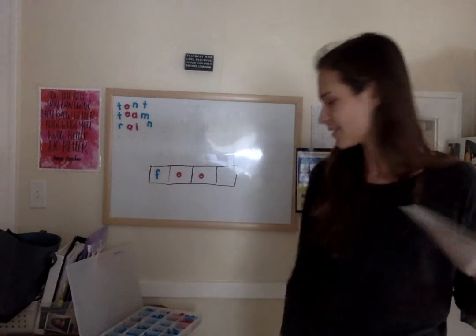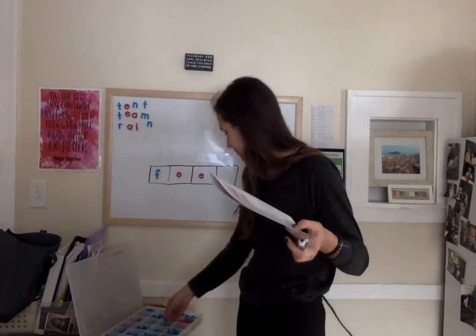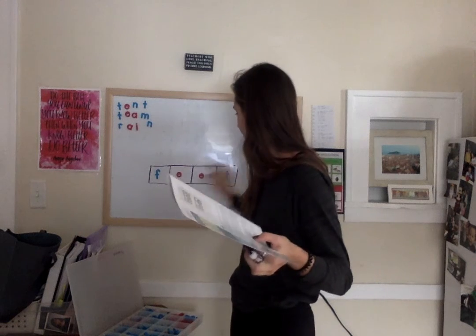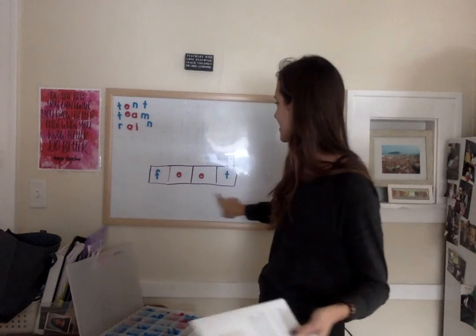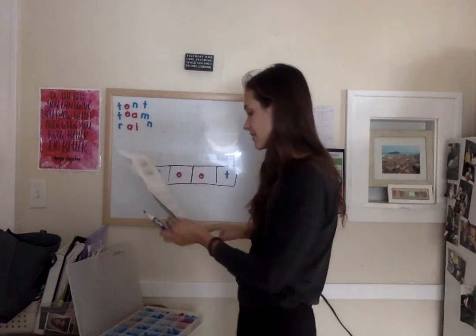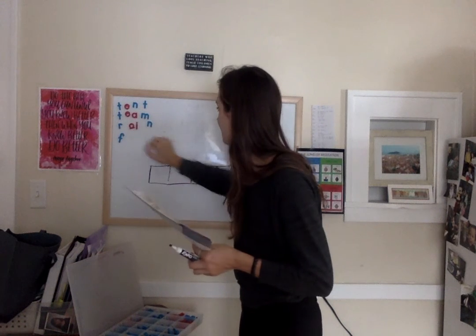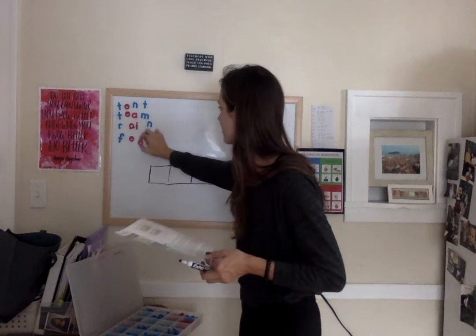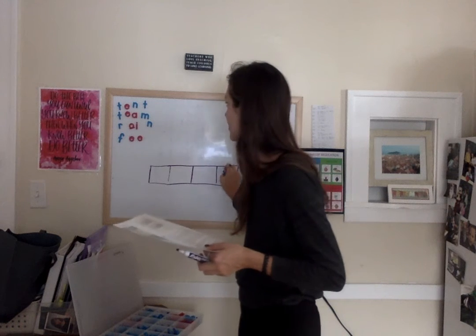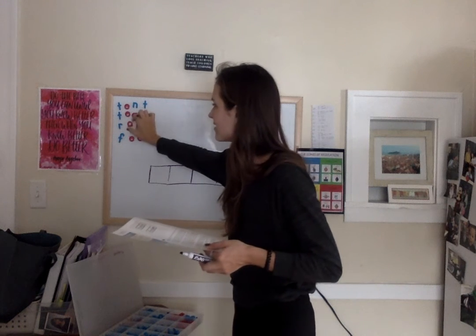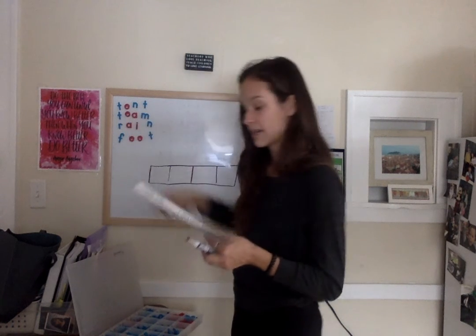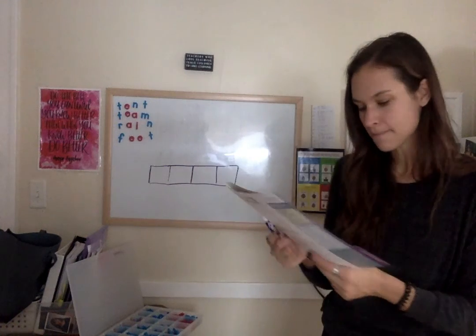T, t. The letter T, right? Feet. Again, some sounds are represented by more than 1 letter. And for the word feet, there are 2 E's. It's kind of silly, I think. But it is a rule, okay?